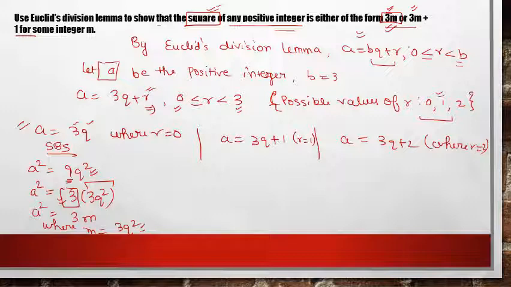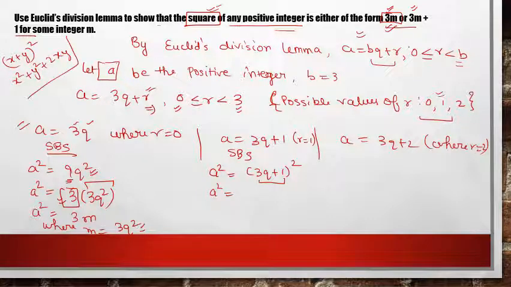See here also, if you do squaring both sides, it will be a square and 3q plus 1 whole square, right? So a square will be, what is the a plus b whole square identity? You know very well, x plus y whole square is x square plus y square plus 2xy.